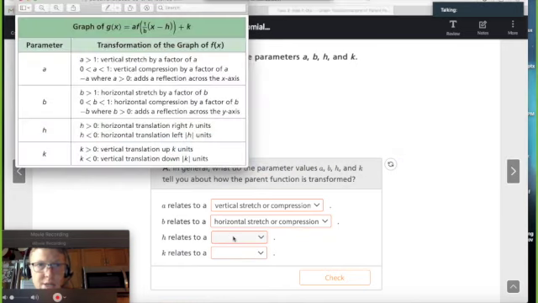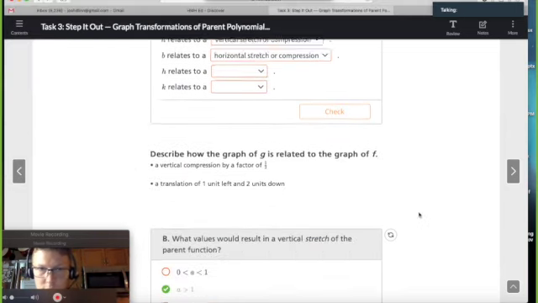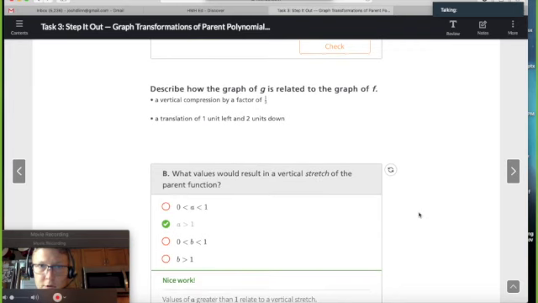And h relates to a horizontal translation, and then k relates to a vertical, either up or down translation. So describe how the graph of g is related to the graph of f. So again, this is just all what we already talked about.